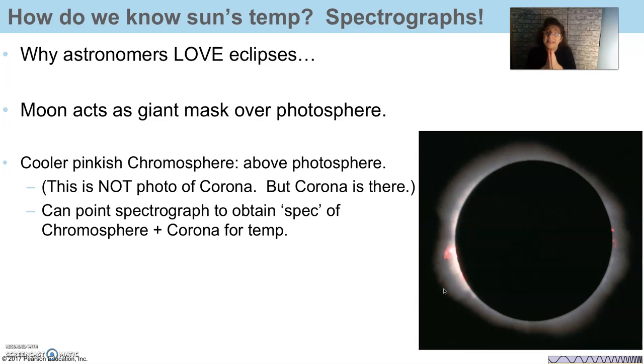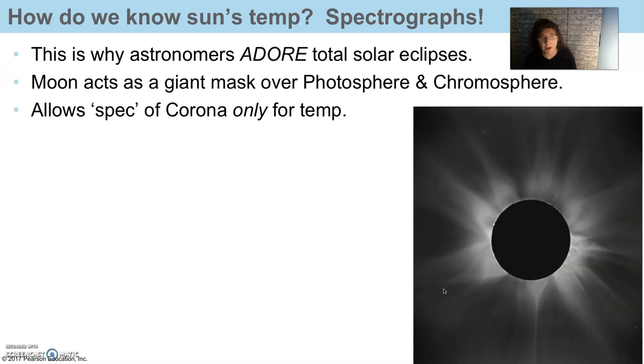So what you can say is that I can now take the temperature of the atmosphere minus the photosphere because the photosphere is behind the mask. You get a lot of temperature information from the spectrograph.